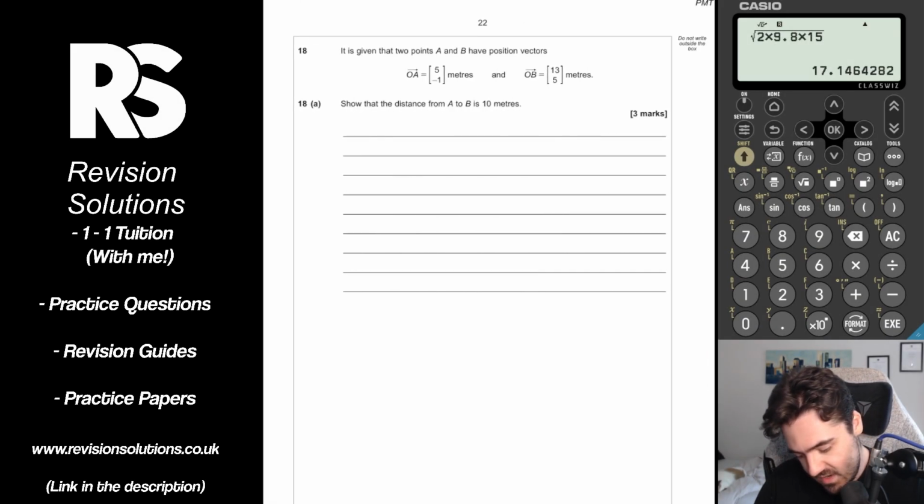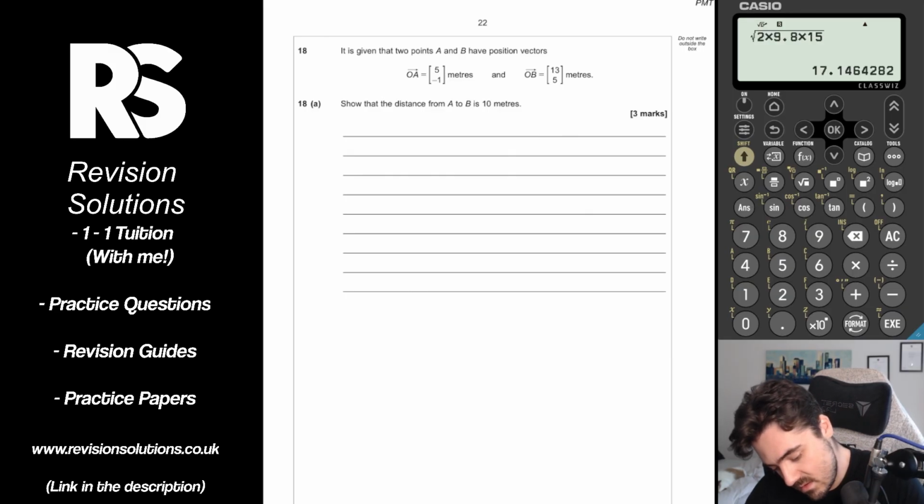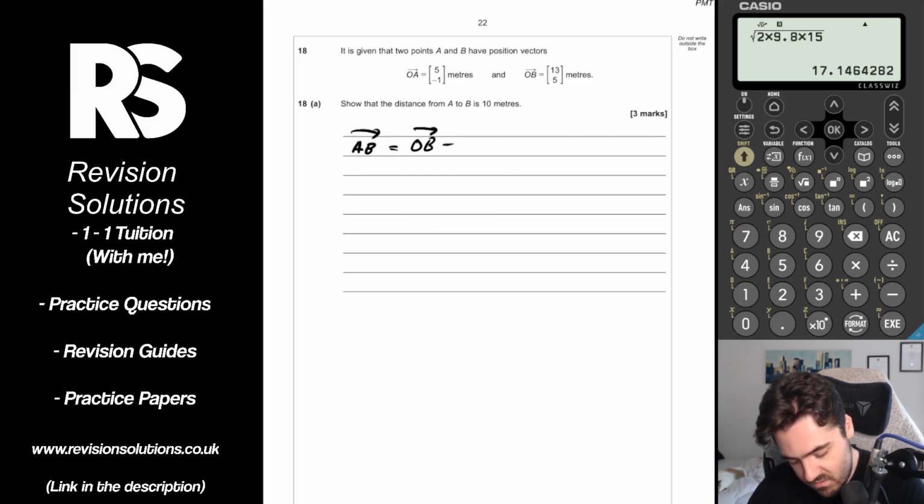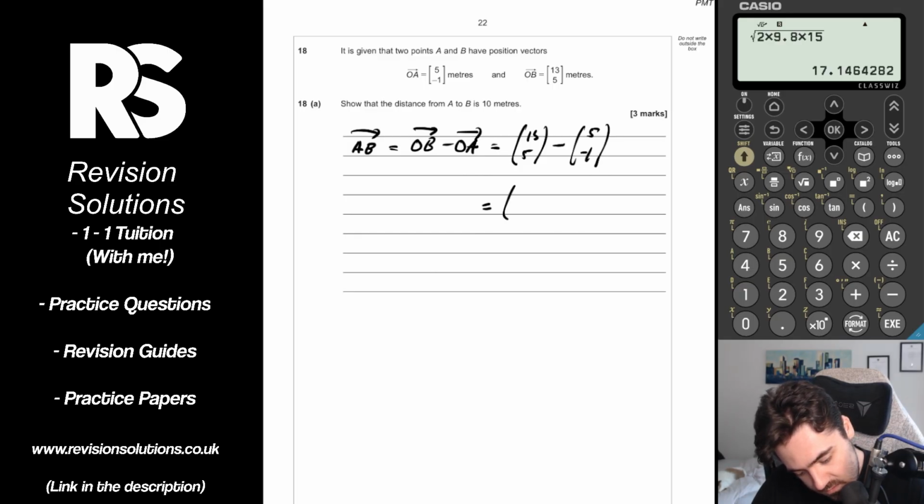Okay, moving on to question 18. It says it is given that 2 points A and B have position vectors as shown there. Show that the distance from A to B is 10 meters. Well, first off, we can get the vector that goes from A to B by just doing O to B minus O to A. So that would be 13, 5 minus 5, minus 1, which is going to be 8, 6.